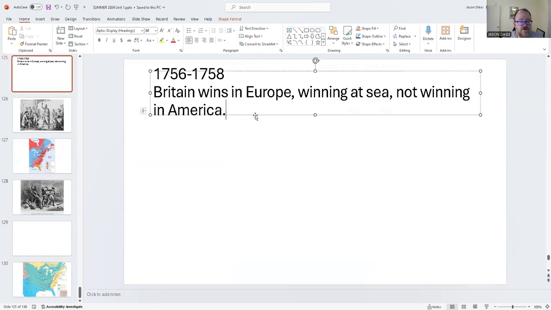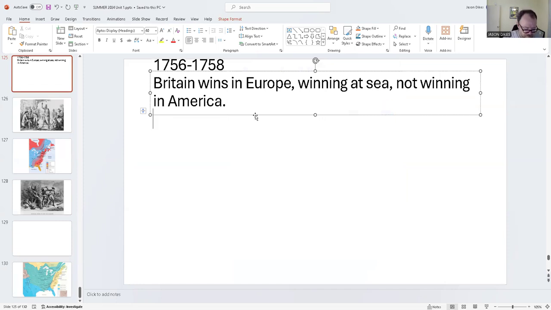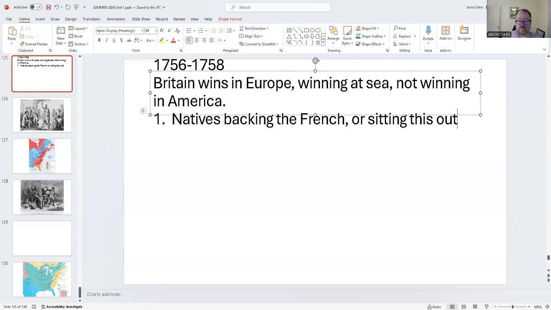This was due to a couple of reasons. One, natives were largely backing the French. Remember that the French have always treated the natives as equals. And so that is now paying dividends because natives are either backing the French or sitting this out. So the British have no native allies.